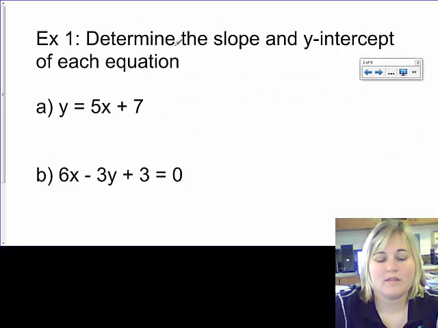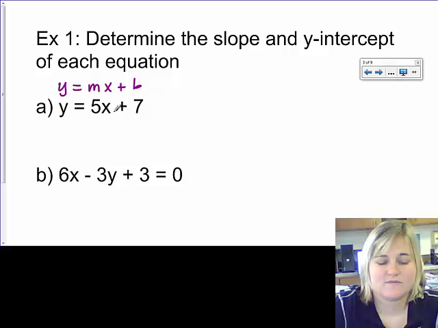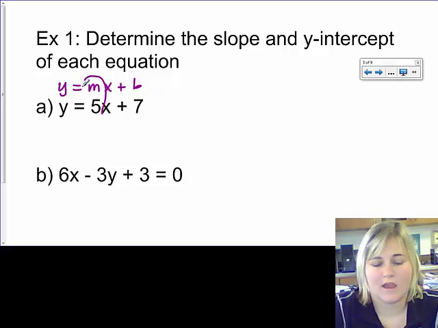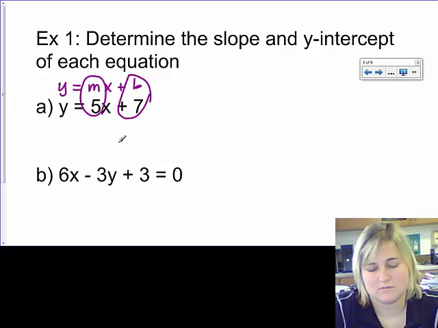So it says determine the slope and y-intercept of each equation. On one like this, they've already written it in slope-intercept form for us. So I would write y equals mx plus b right above it, because I know that m represents my slope, so this 5, which is in front of the x, is my slope, and my y-intercept is a positive 7.